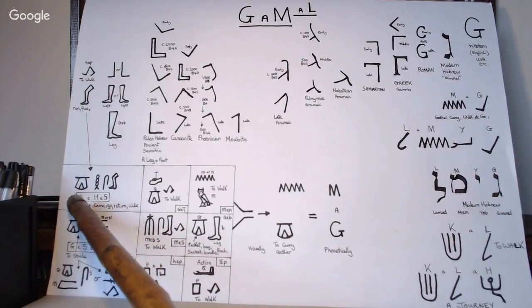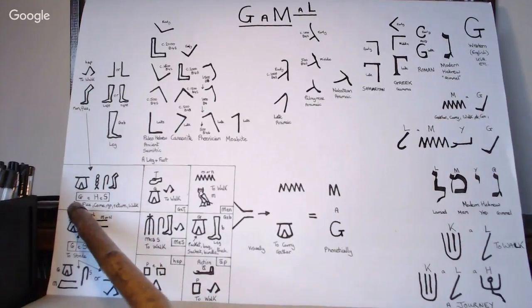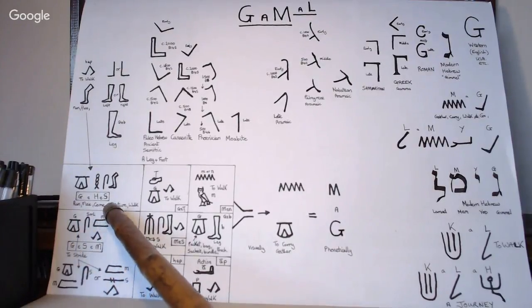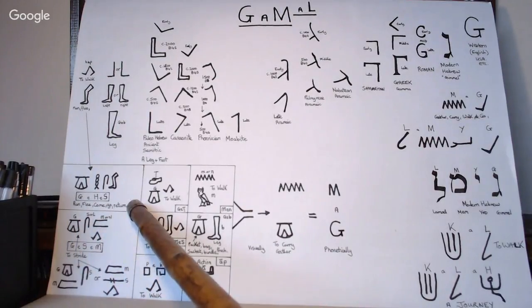So that's the word gehes, which means to run, flee, come, go, return, or walk.